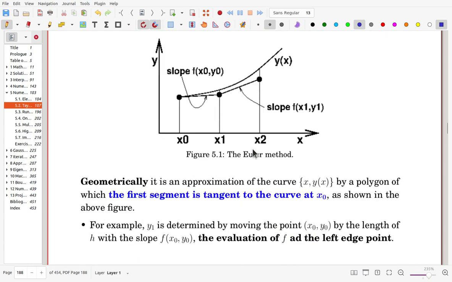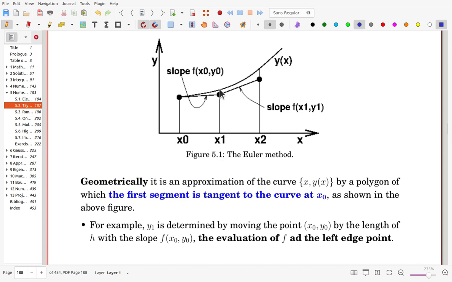Okay, here we have a geometric interpretation. Geometrically, it is an approximation of the curve. Okay, that is the curve. Now, for example, to get y sub 1, we are using the slope at the left edge point, f of x0 and y0, and matching h distance to get y sub 1.